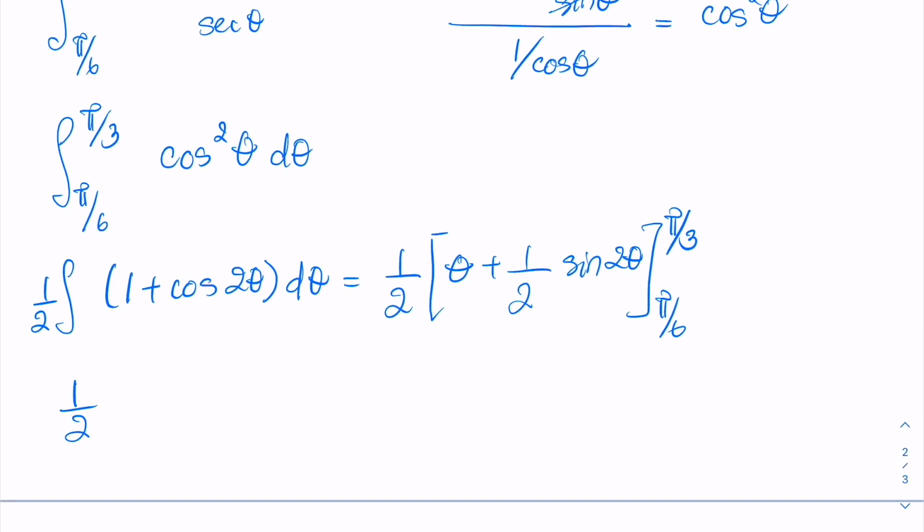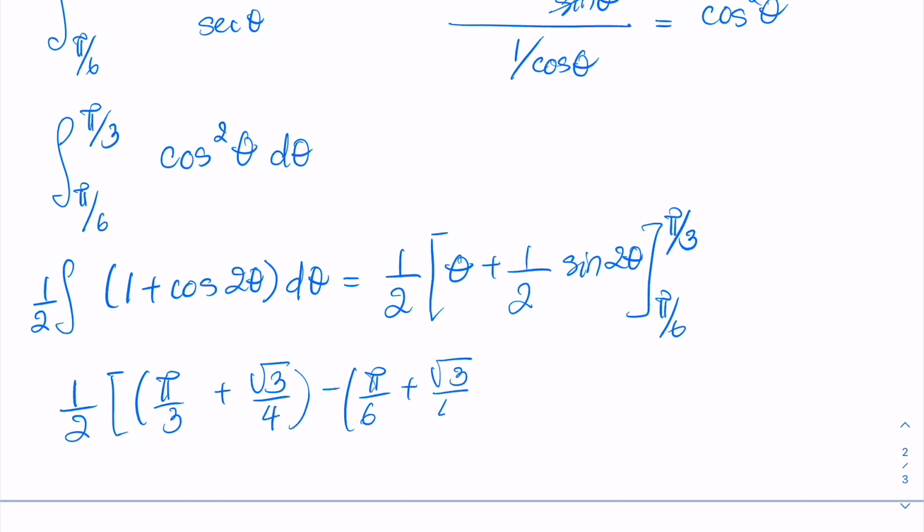So I still have that 1/2, pi over 3 plus square root of 3 over 4 minus pi over 6 plus square root of 3 over 4. So we simplify it. We get 1/2 pi over 6, which is pi over 12.